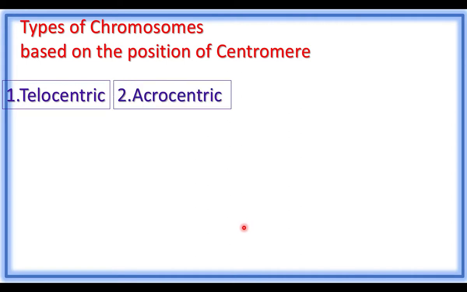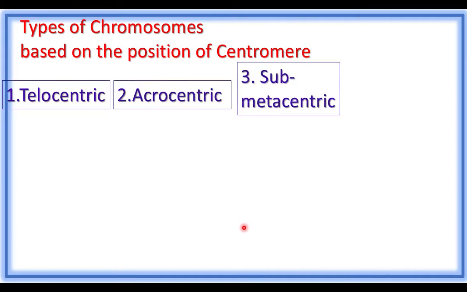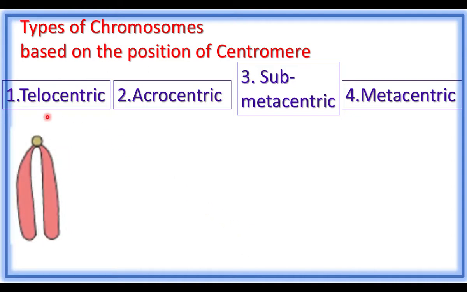Chromosomes are classified into types based on the position of the centromere: telocentric, acrocentric, submetacentric, and metacentric. Telocentric chromosomes have the centromere at the end. The word telo refers to the end, and the chromosomes are rod shaped.